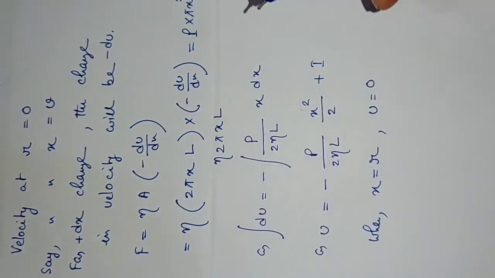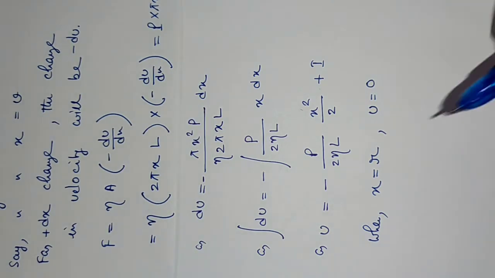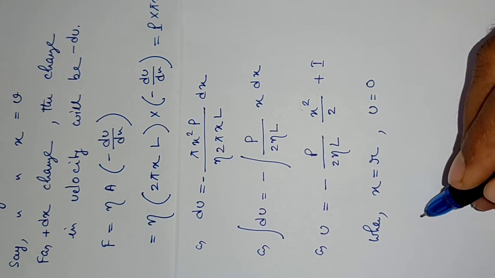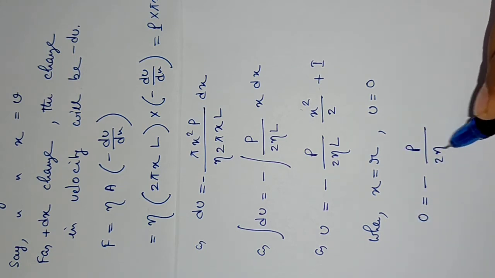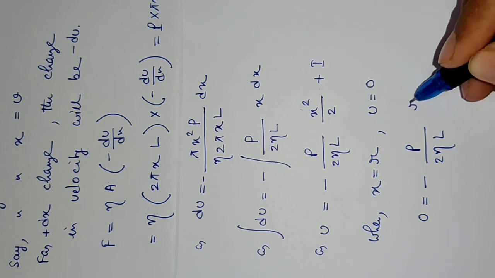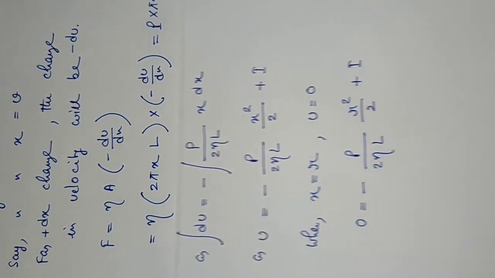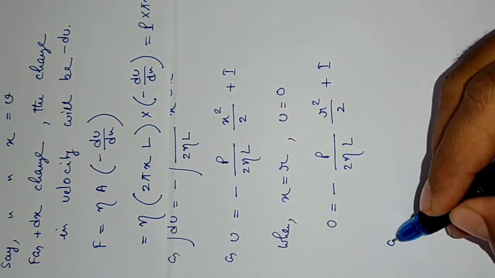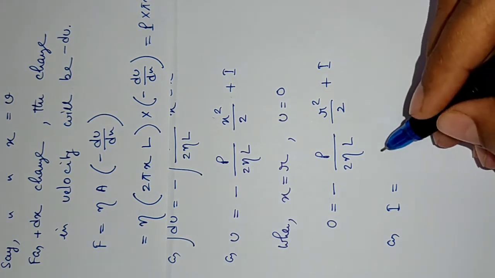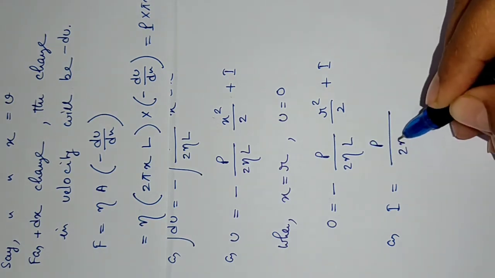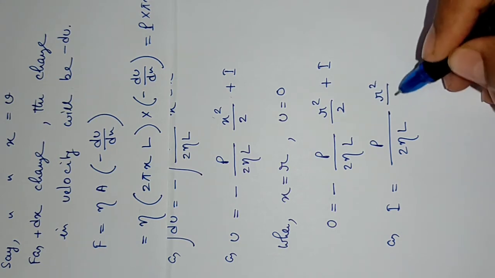So we can write here, when x equals r, V will be equal to 0, and if we put this into the relation, we get 0 equals minus P upon 2 eta L, r square by 2, plus I. So I equals, taking this to the left hand side, P upon 2 eta L, r square by 2.